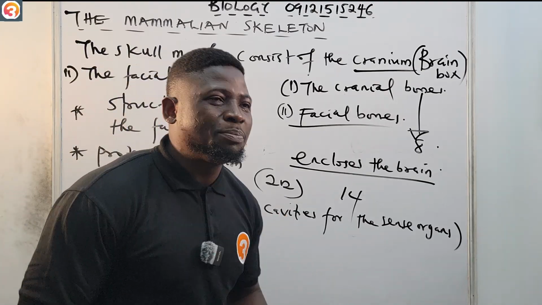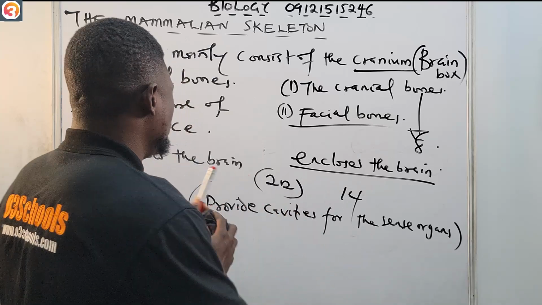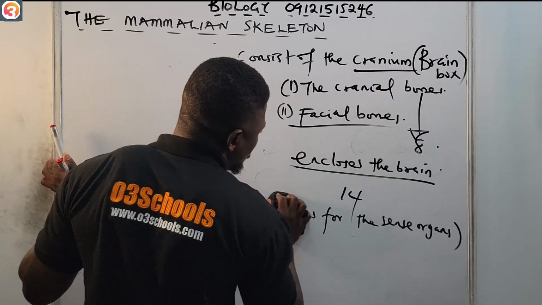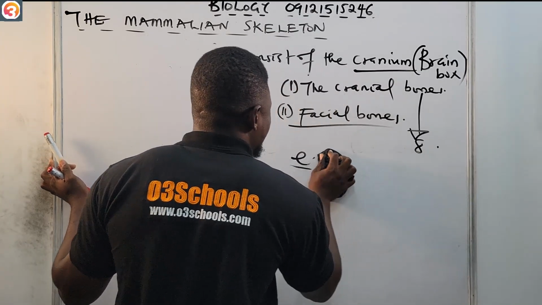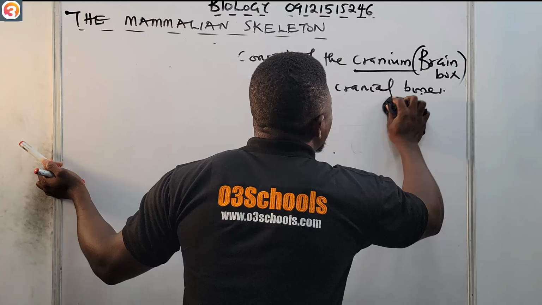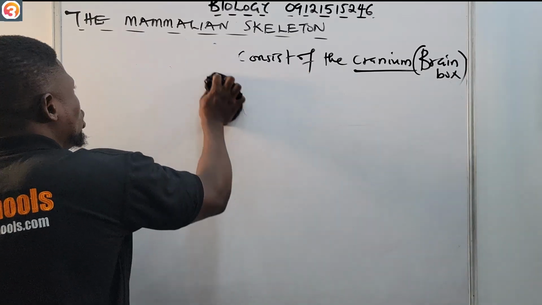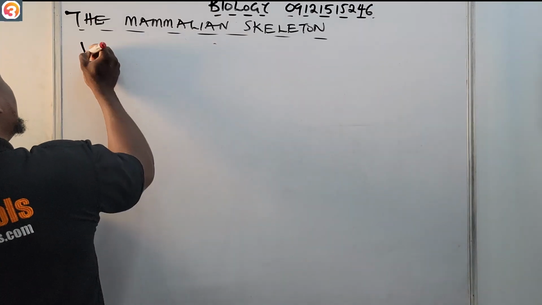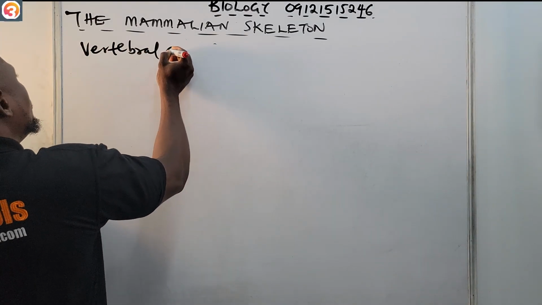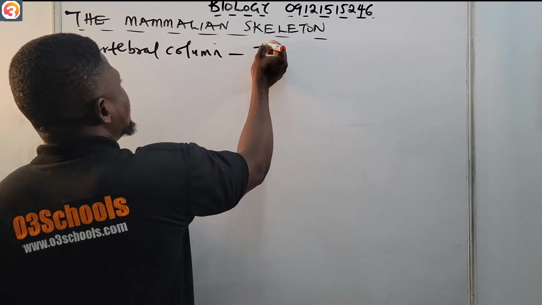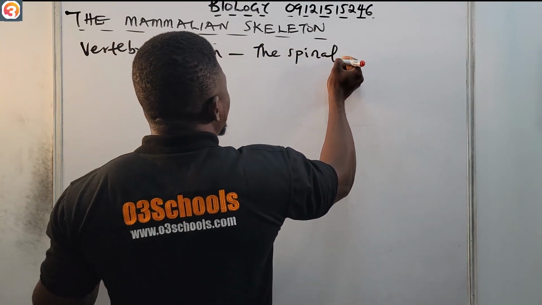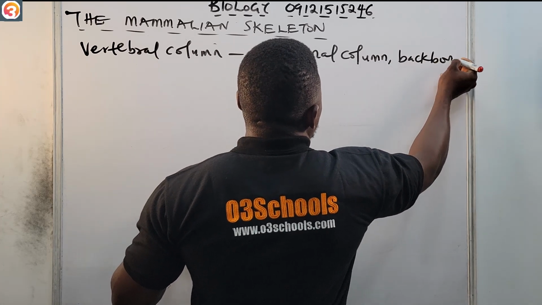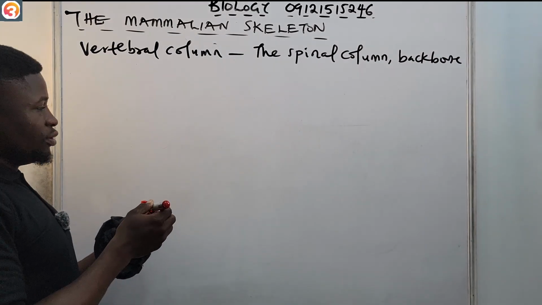The one we call the spinal column, or the backbone. And of course, you know that the function is to protect the spinal cord. That is one of the major functions of the vertebral column, to protect the spinal cord.